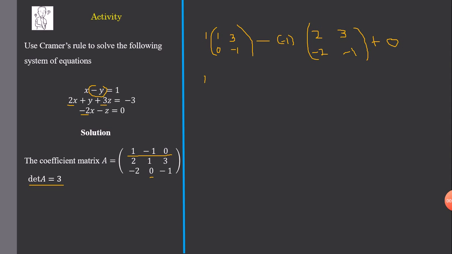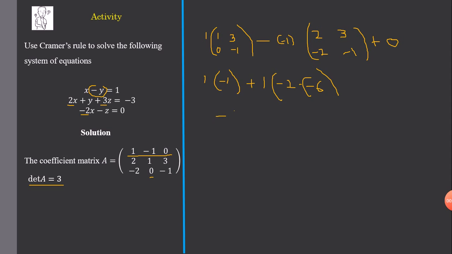So we are going to have 1 multiplied by -1 multiplied by 1, that will give us -1, and 0 multiplied by 3, that will be a 0. Negative multiplied by -1 should give us +1, and -1 multiplied by 2 will give us -2, minus -2 multiplied by 3, that will give us -6.